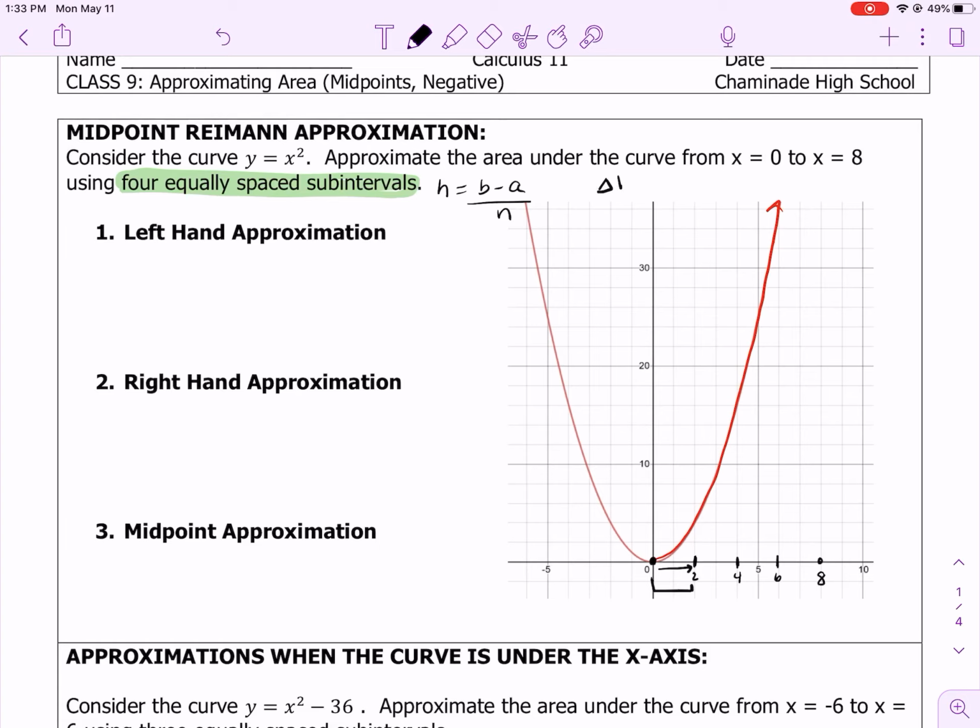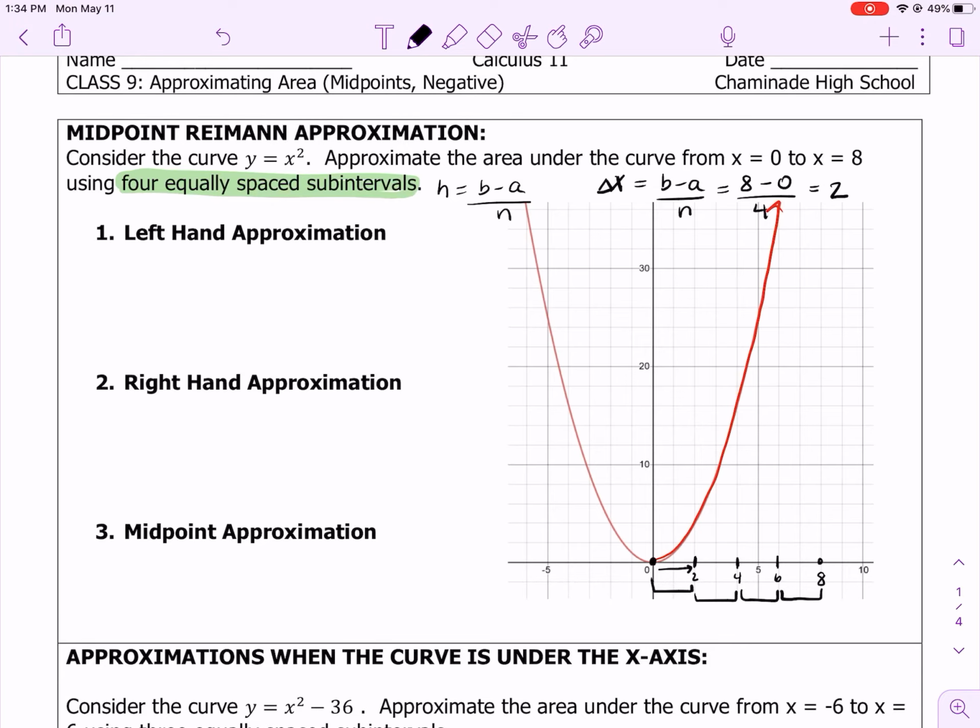Delta x is going to be, again, b minus a over n. And in this case, your b is 8, your a is 0, and your n, or how many rectangles we're looking for, is 4. Therefore, 8 divided by 4 is 2. And that makes sense. If you notice, the width of each of these intervals is 2. Okay, so those are the widths of each of your 4 rectangles.